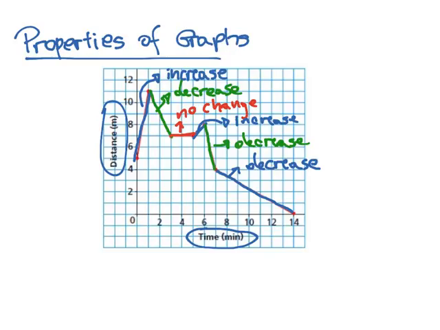Then again moving a little bit faster, and then going back, and going back again, but just a little bit slower. So last thing, I'm going to label that this is the independent and this is the dependent variable.